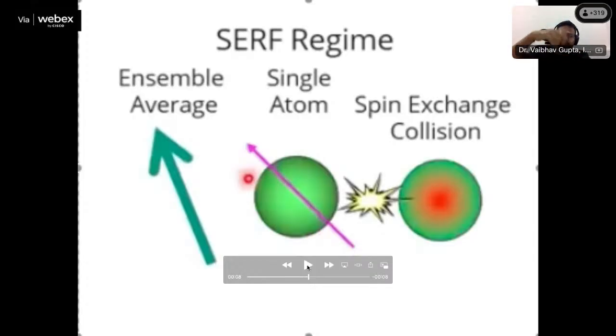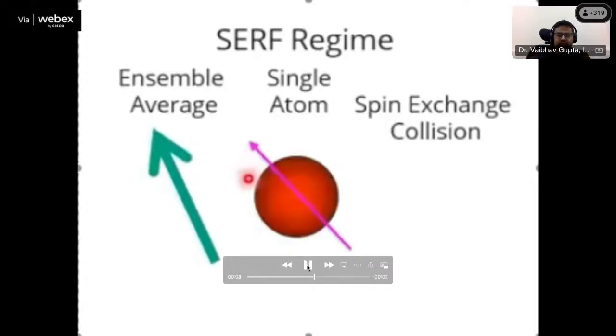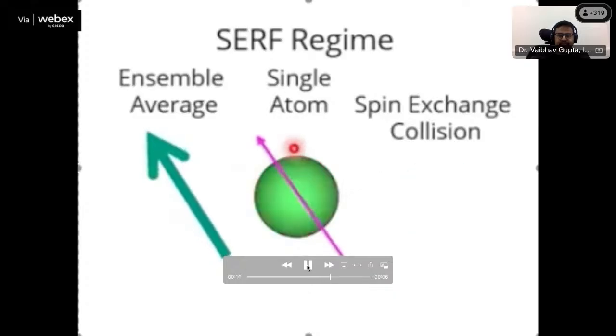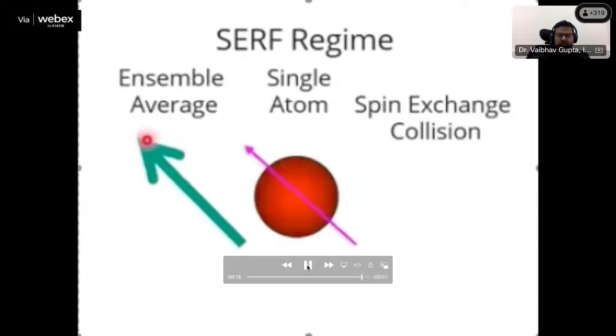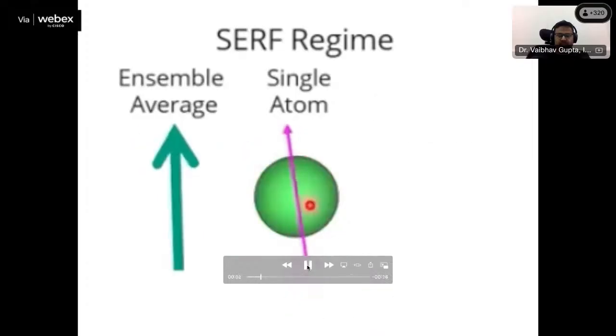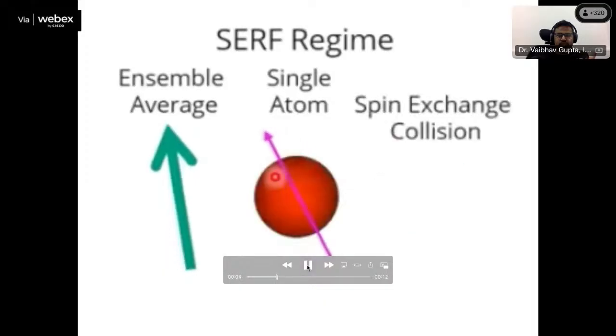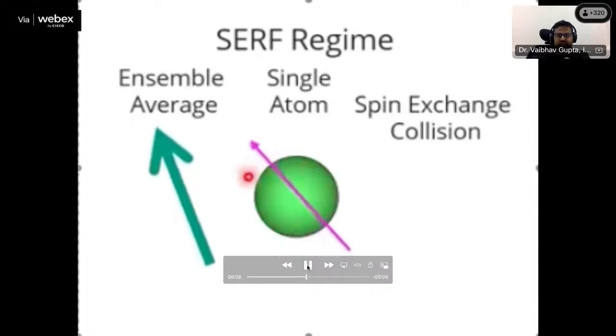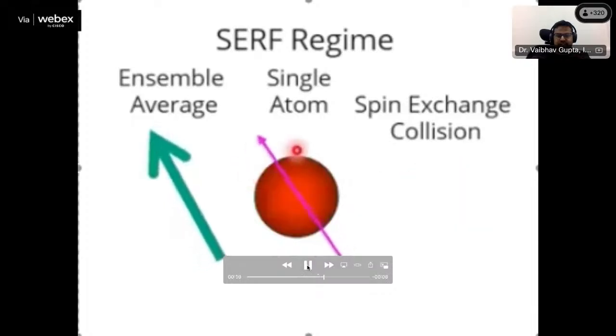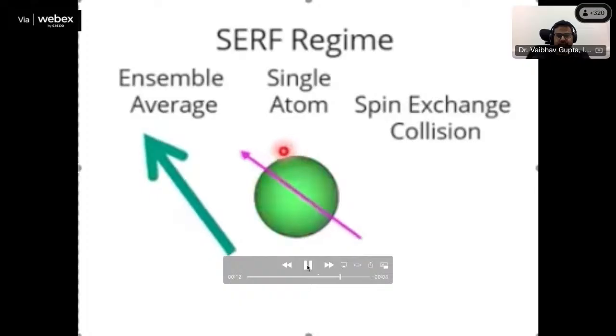Because of that flipping, it is not possible to completely move into the other direction. Just to show you again, it tries to move in the other direction, the collision happens, it comes back.